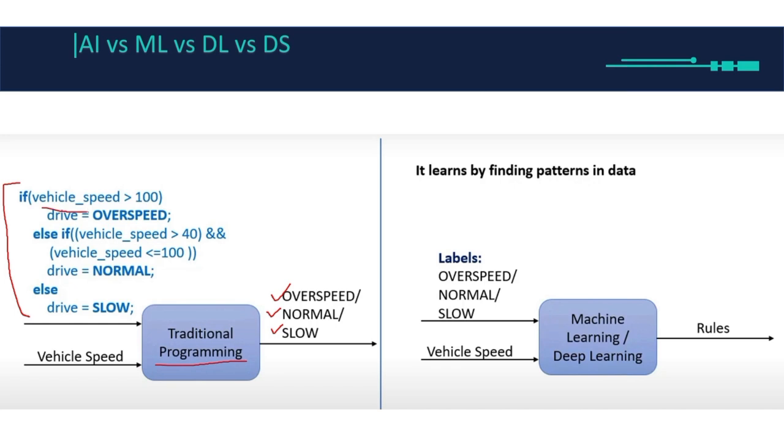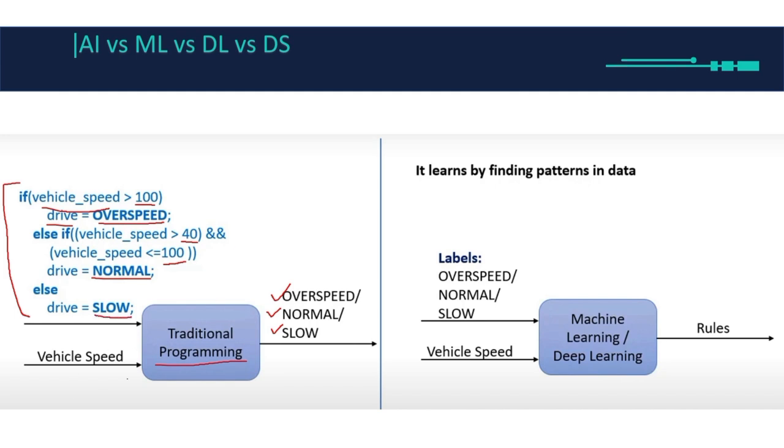If the vehicle speed is greater than 100, then the drive label is going to be overspeed. Else, if vehicle speed is greater than 40 but smaller than 100, which is between 40 and 100, the driving category is going to be normal. He is driving normal. Else, which means less than 40, is going to be slow.